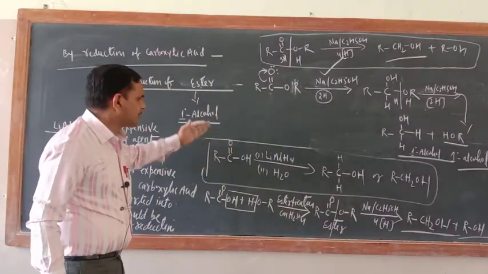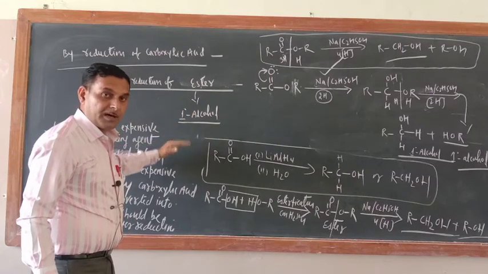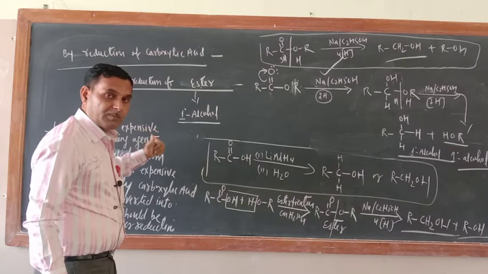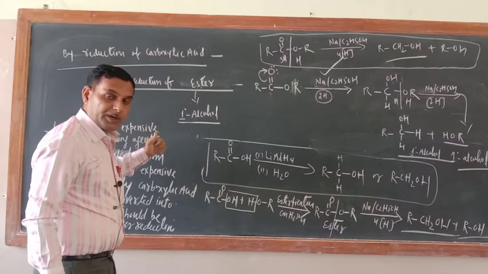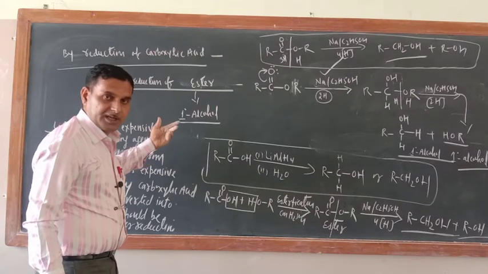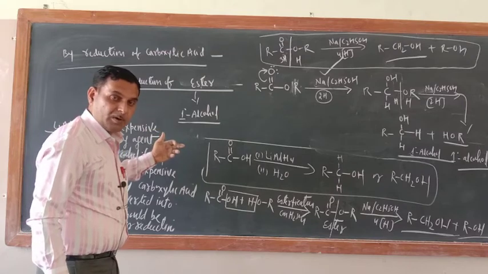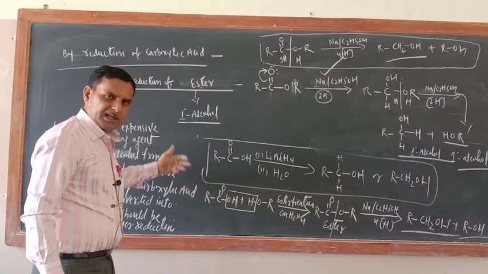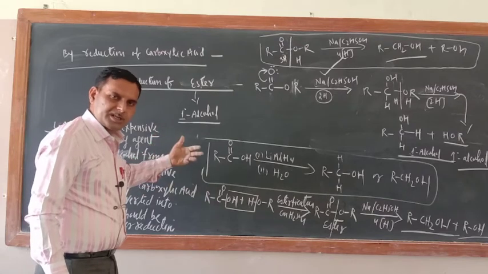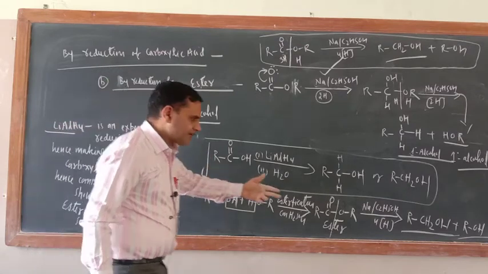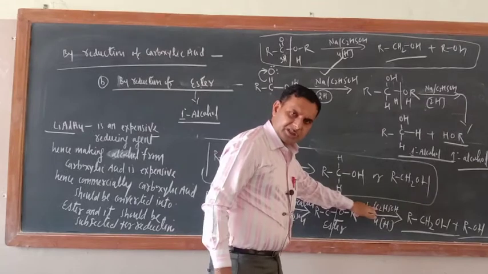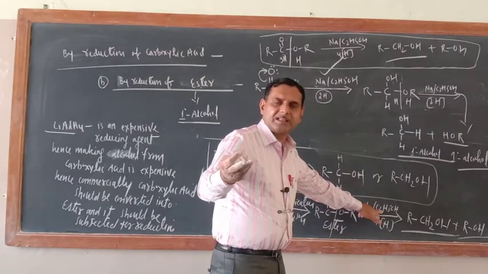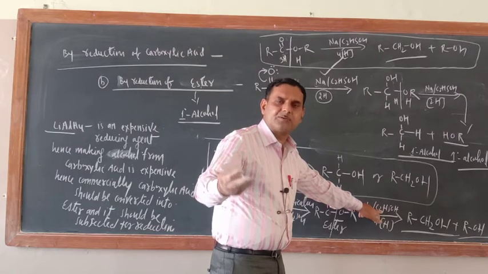Okay, so just see, this is the indirect method. Actually we are reducing here the ester. The problem is, if you directly take carboxylic acid, you have to take lithium aluminium hydride for its reduction. Hence that method would be expensive. So it is better to convert the carboxylic acid into ester, and the ester will be subjected to reduction in presence of sodium and ethyl alcohol, and sodium and ethyl alcohol is not a very expensive reducing agent.